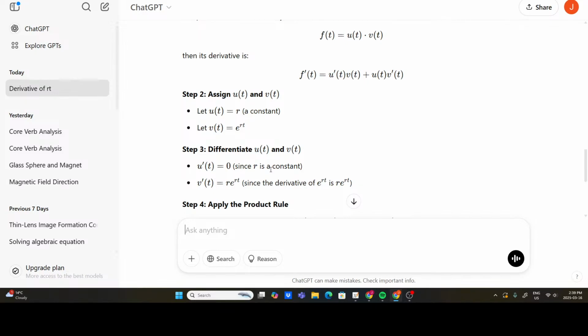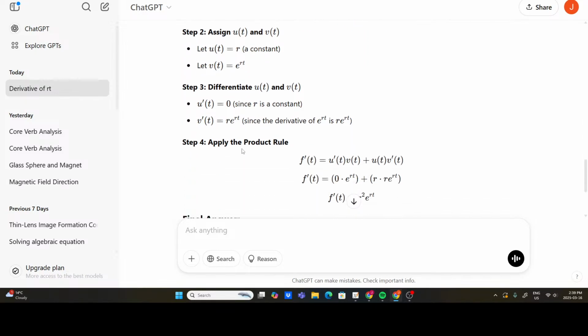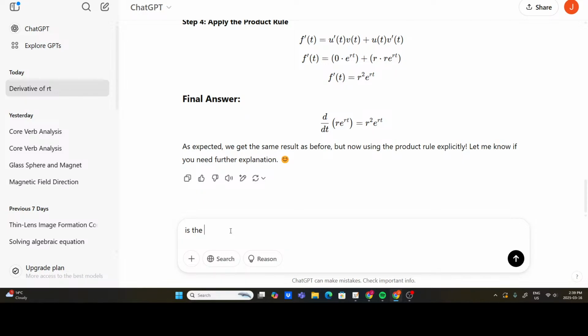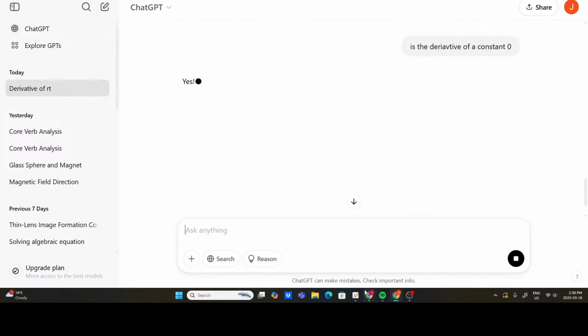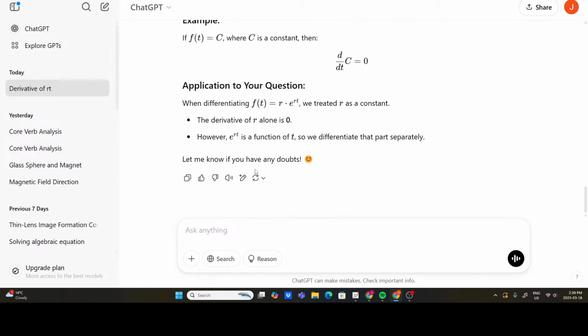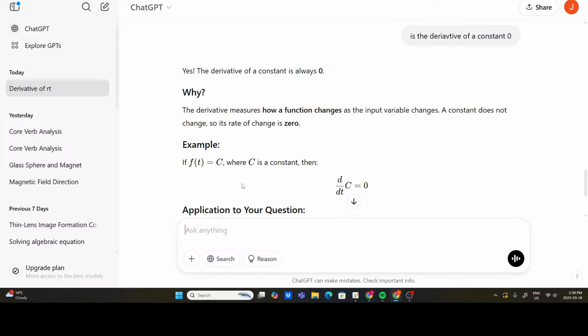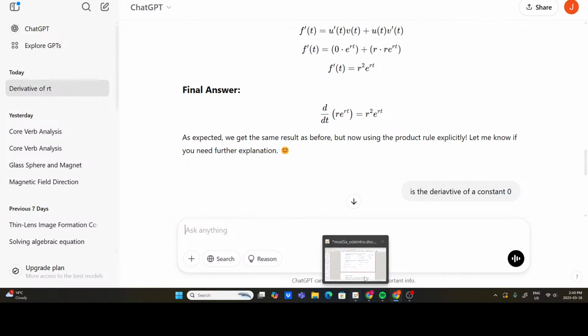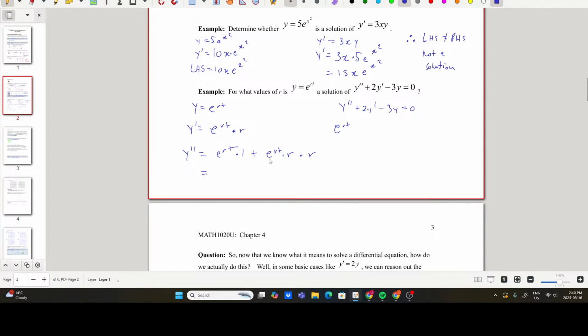The constant is 0. I forgot everything. I did this entire thing wrong, because since this is 0, this entire thing should cancel.